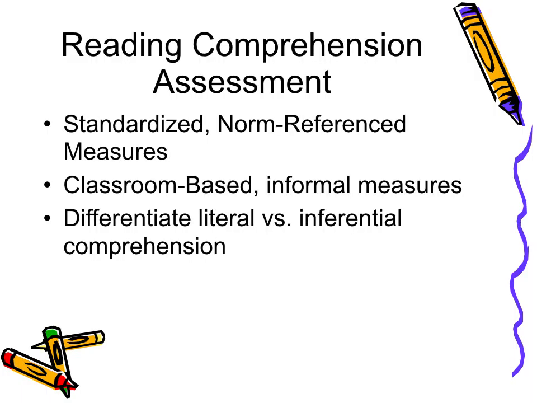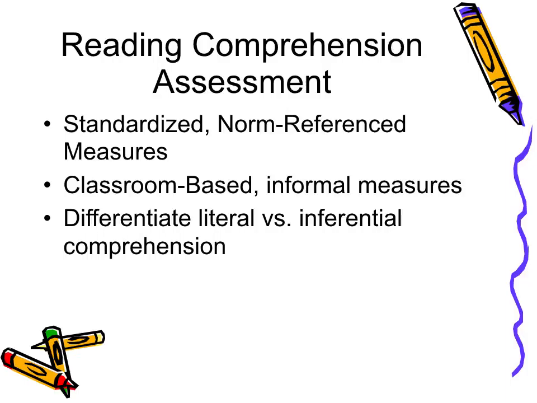Again, we have the option of using standardized norm reference tests to measure reading comprehension, as well as classroom-based strategies. Really, a gold standard would be to use both in combination for any type of IEP development, intervention development, and certainly to monitor students' progress. It is important to differentiate the student's literal versus inferential comprehension because oftentimes students will have difficulty with one.